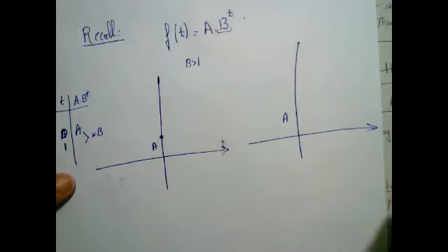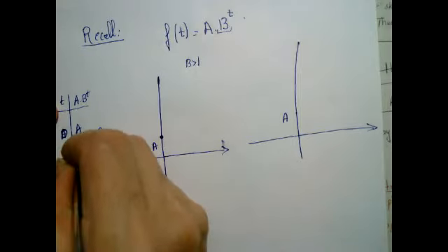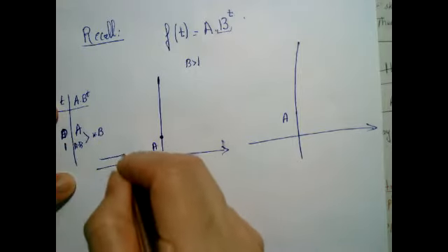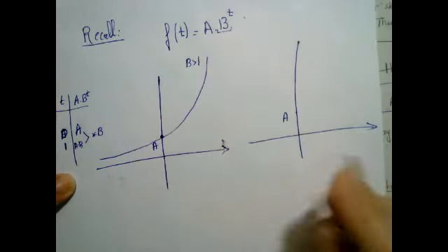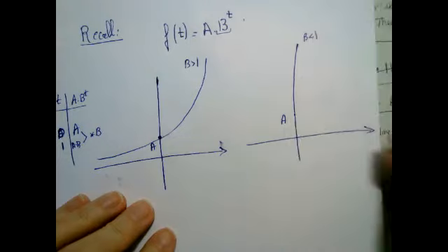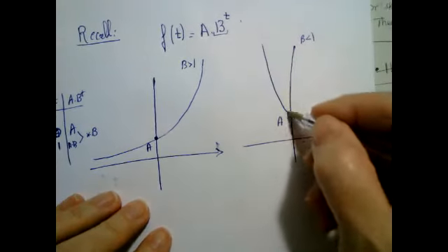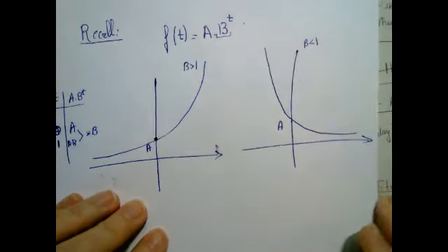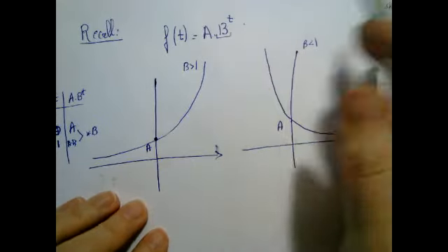If b is bigger than 1, say 2 or 1.2, the numbers get bigger, so the exponential function is increasing. And if b is less than 1, it's decreasing.